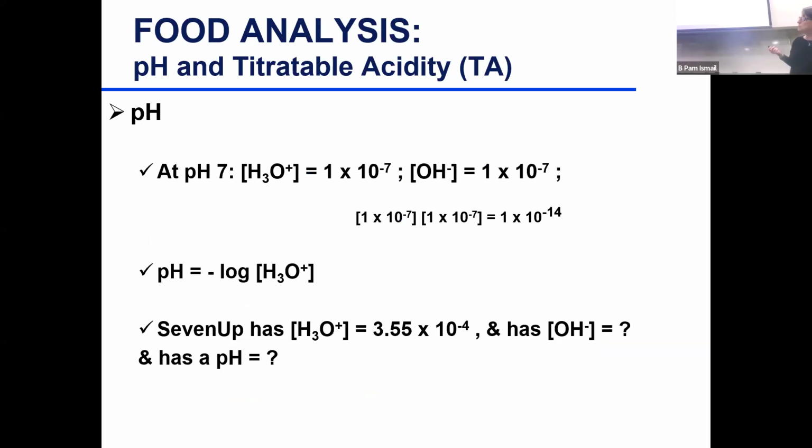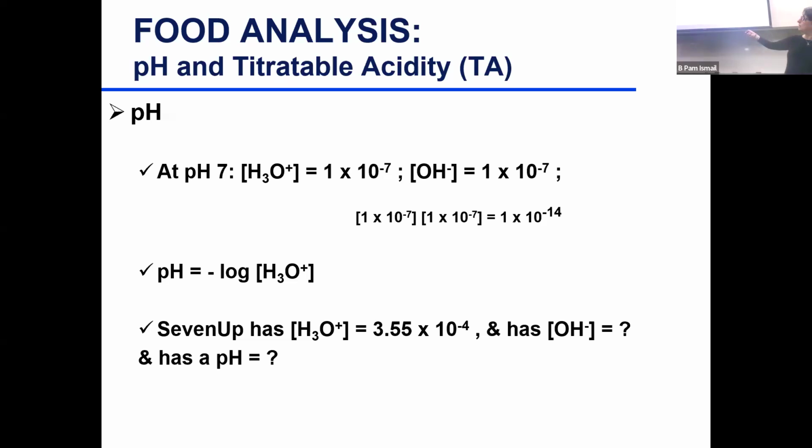Now, let's put this in perspective. At pH 7, you have equal concentration of hydronium ion and hydroxyl groups. When you have equal concentration, the pH is neutral. You don't have more acid or more base. So the product of that is always 1 times 10 to the negative 14.